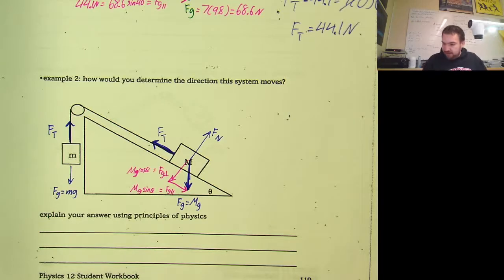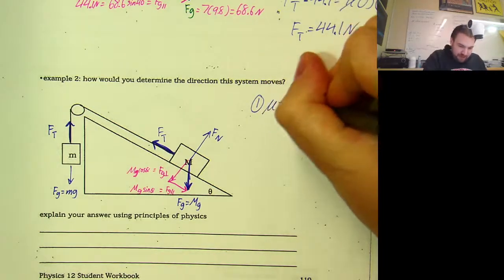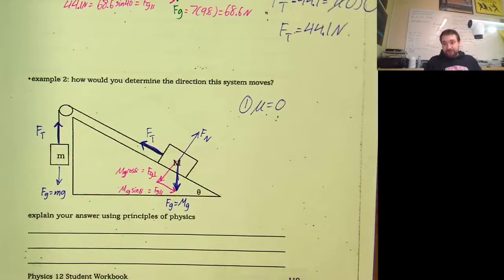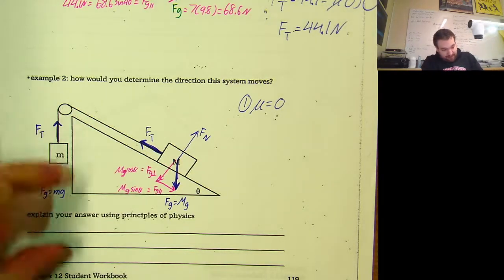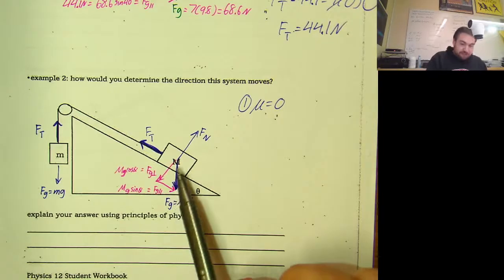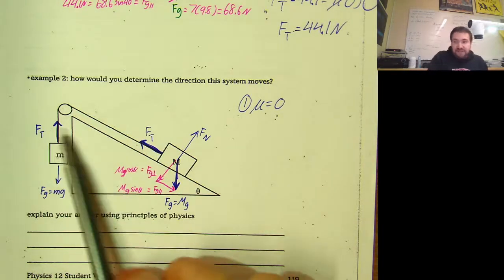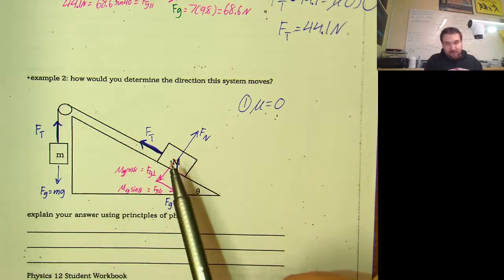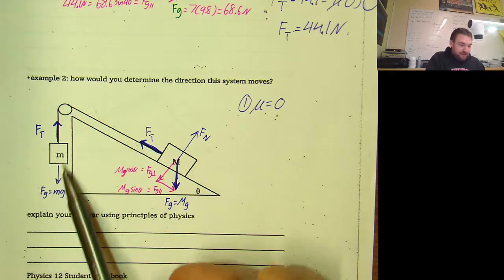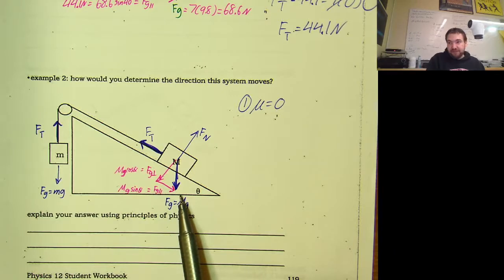Now we've got two scenarios. First of all, let's assume there is no friction. If there is no friction, then the only things that we have to consider are the things that are going to make this block move up and down, and this block move with the incline. Now my FTs are equal and opposite for both, so they're going to cancel themselves out. So basically what we've got here is this Fg pulling down this way, and the parallel component of gravity pulling down this way.